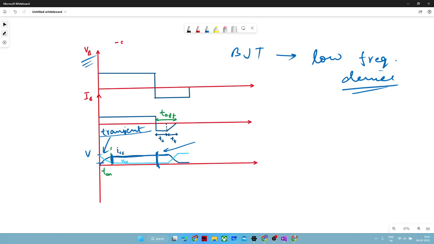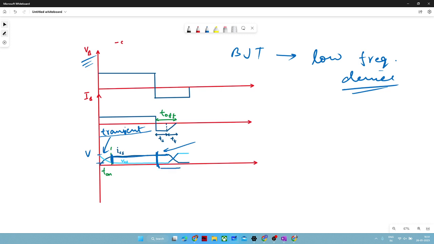That's why it will take some time to fall below its limit when all the charges that were stored in the junction are recombined or depleted, then it will be in turn off condition, and again your voltage will rise.